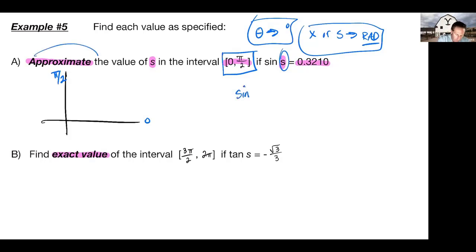Well, if they want us to approximate, we know we're probably using a calculator. And if I want S by itself, remember we can't just divide by a trig function like sine. So I'm going to have to take the input and the output and reverse their order. So I'm going to put the sine of 0.3210 would then be equal to s. But remember, I just got done saying that we cannot have anything but an angle following sine.